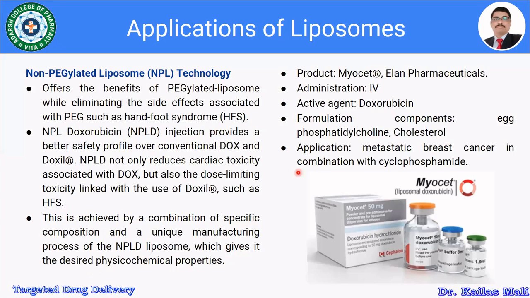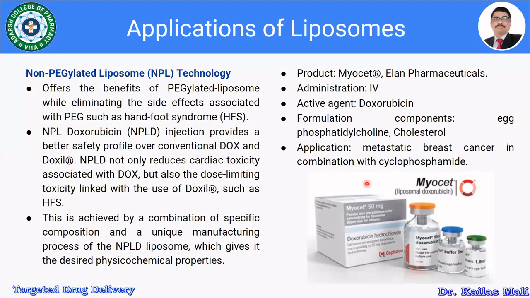The product available in the market is known as Myocet, developed by Elan Pharmaceuticals. It is given by the intravenous route. It contains doxorubicin as the active pharmaceutical ingredient, and it is formulated using egg phosphatidylcholine and cholesterol. It is used for metastatic breast cancer in combination with cyclophosphamide.